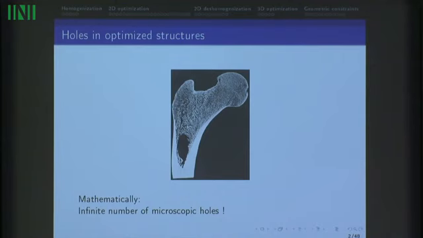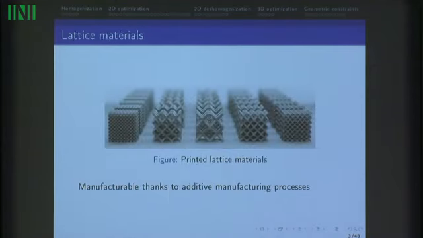So we want to put holes, and just to be sure that everyone is aware of what we want to do at the end, it is to print the structures. So not only to have a homogenized solution, but to have a genuine structure that we could at the end print.